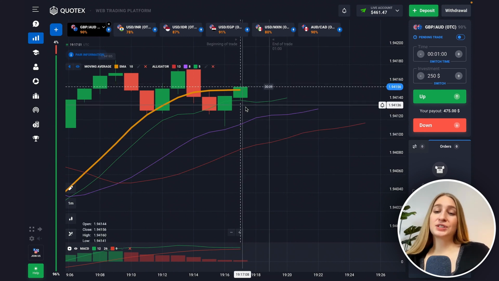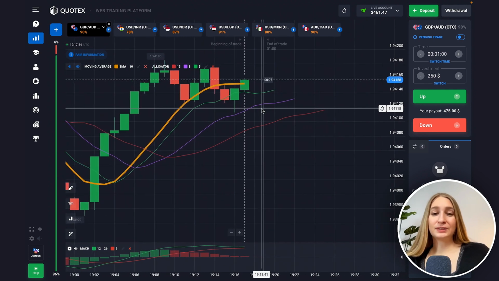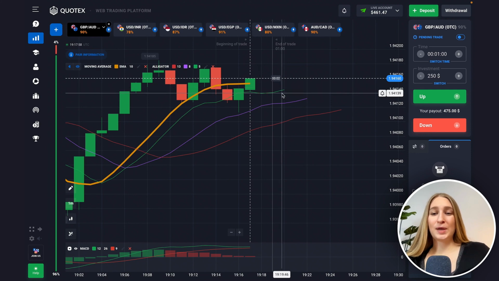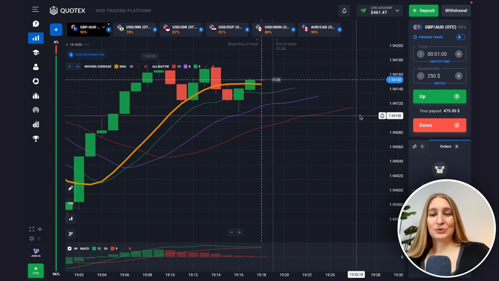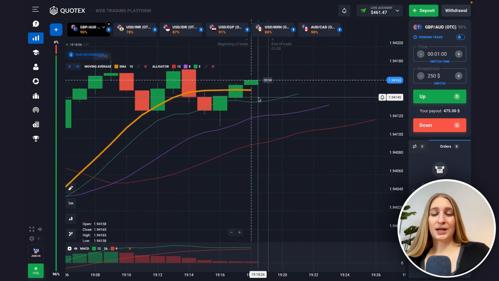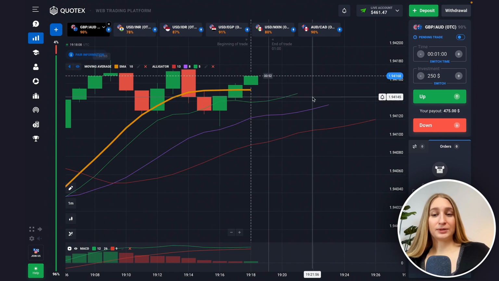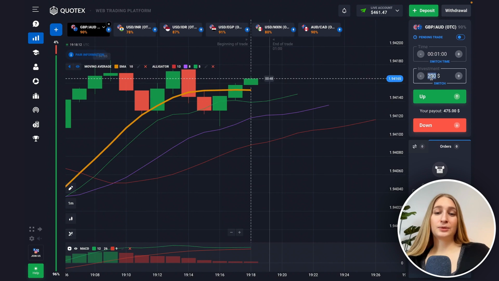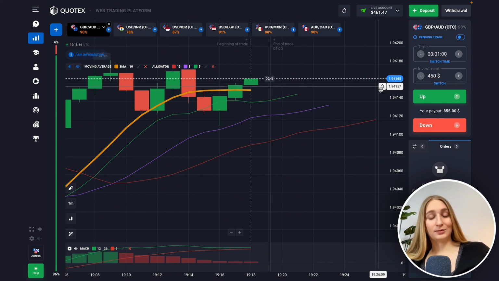You see, after this change of the situation in alligator, all lines are going straight forward, maybe a little bit up, but I need more time to see what is happening on this graphic. And let's check ourselves. So, with $450, I will go with the put option. Okay.